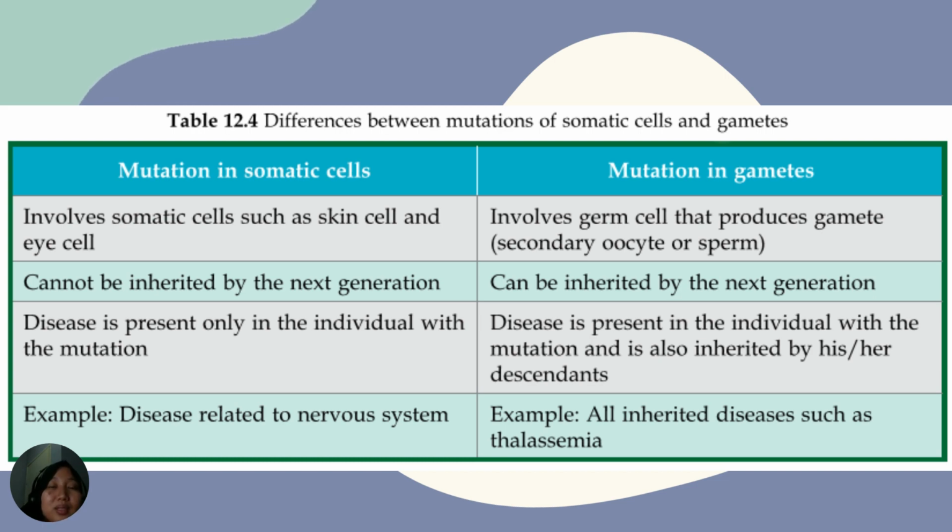Examples for mutations in somatic cells are diseases related to the nervous system, and examples of mutations in gametes are inherited diseases such as thalassemia and hemophilia. All right, so those are the mutations that can be inherited to the next generations.